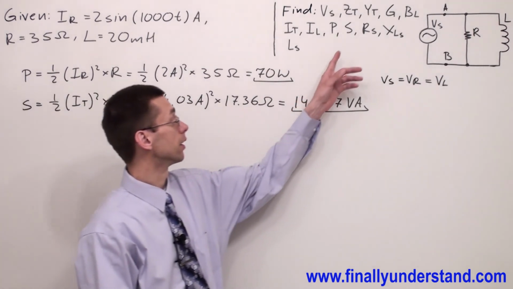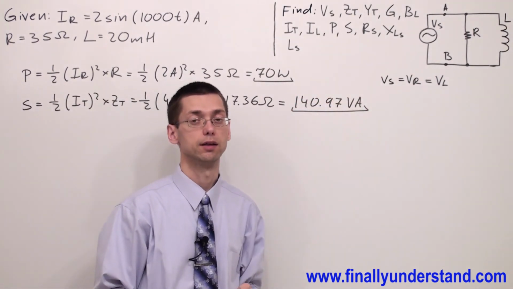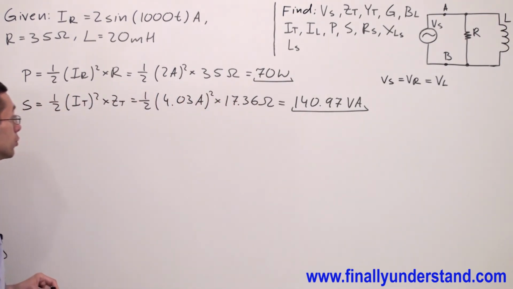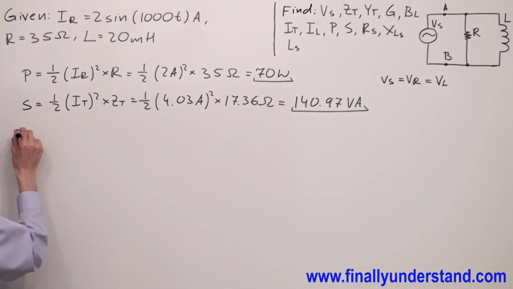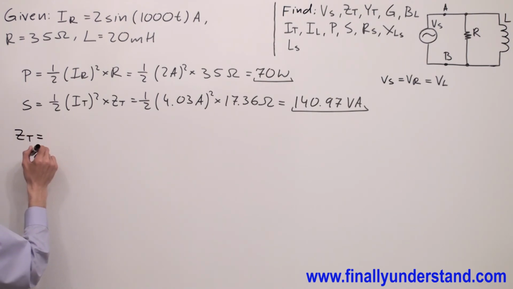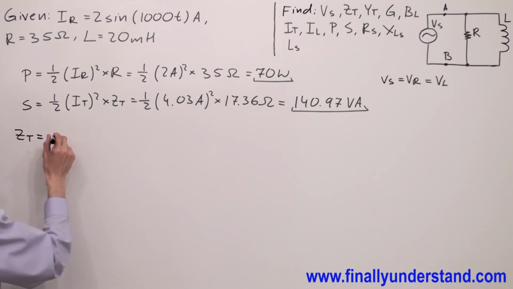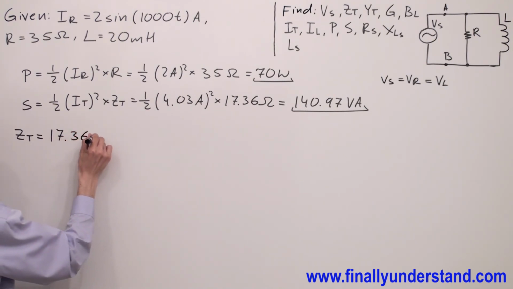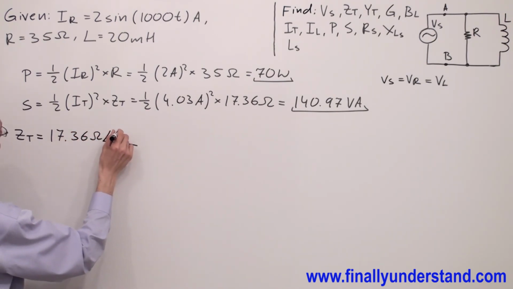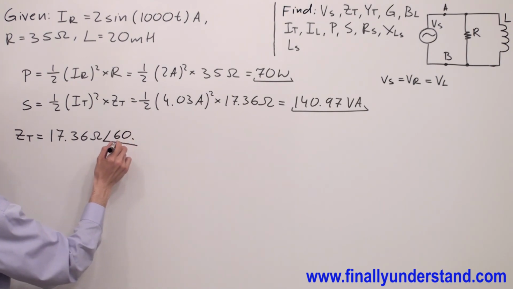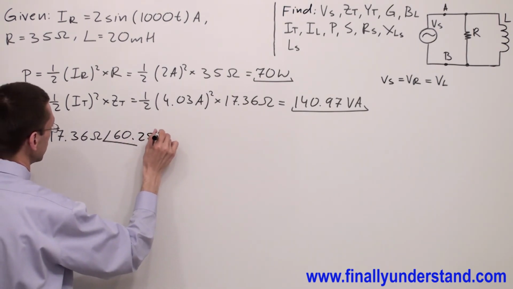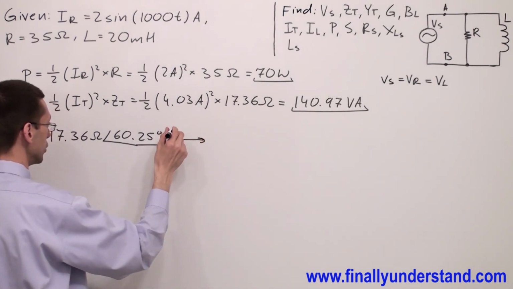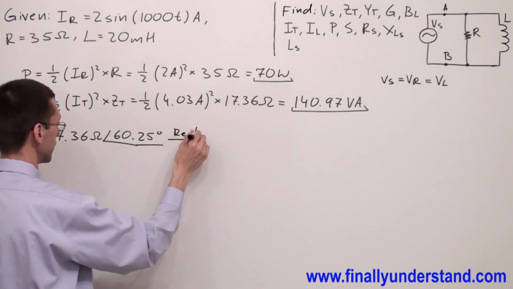Next, we're supposed to find the series equivalent circuit. So in order to do so, we're supposed to copy down the value of Z total. Z total is equal to 17.36 ohms and angle of 60.25 degrees, and convert this to rectangular form.